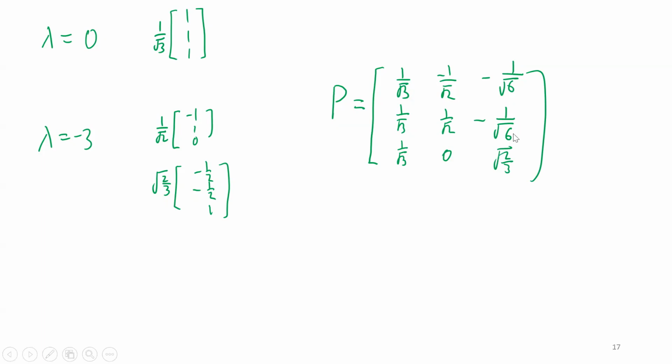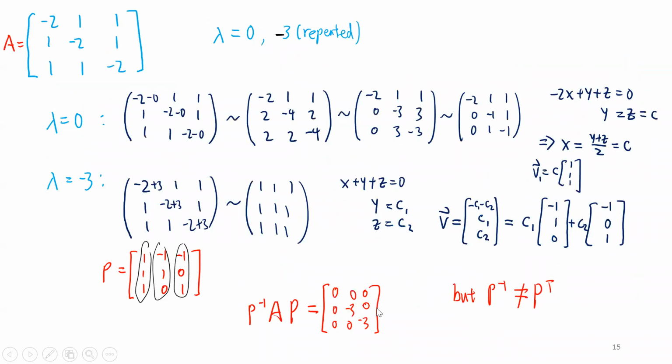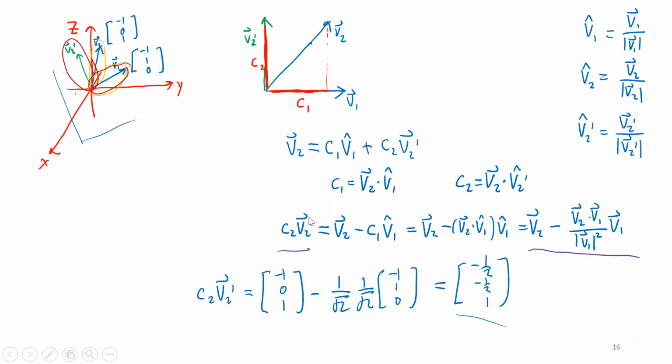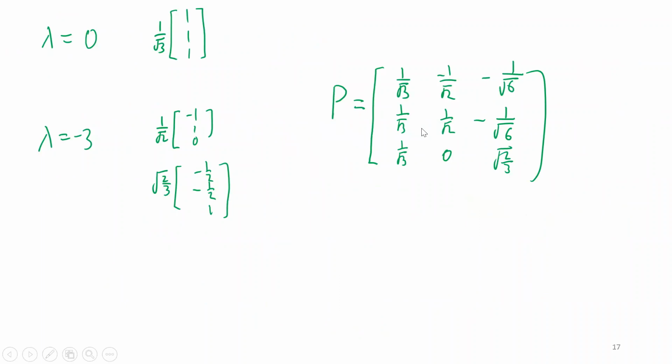This matrix can also help you diagonalize. But this is the orthogonal diagonalization, because this time you'll find that P inverse equals P transpose. So P inverse AP equals the diagonal matrix D, and you can now simply write P transpose AP equals the diagonalized matrix D.